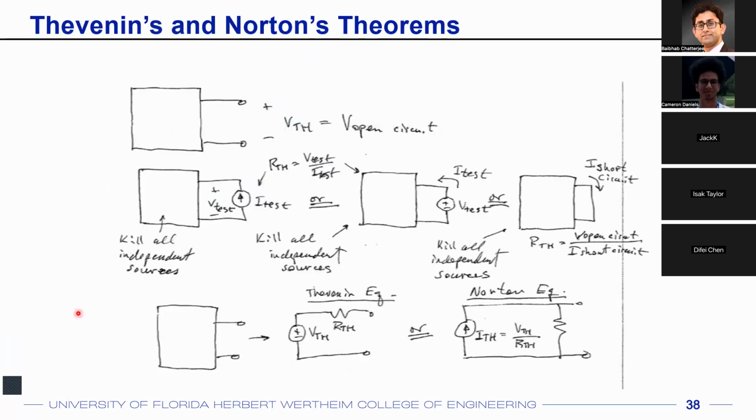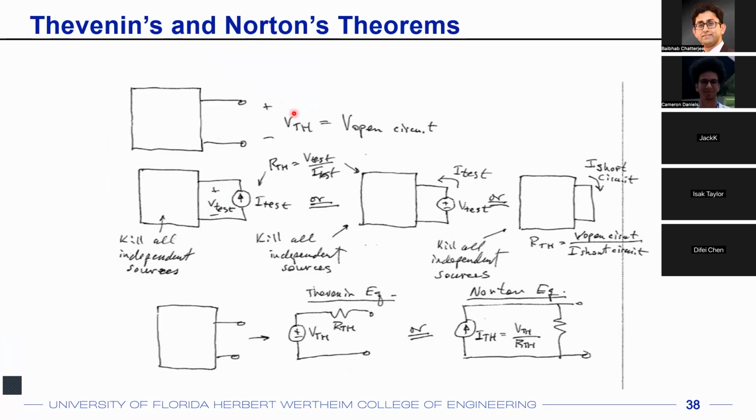So how do you model Thevenin and Norton's theorem? Again, just a brief recapitulation. You have your black box over here. You want to find out the open circuit voltage across this black box on the output side, and that will be called your Thevenin voltage. You also want to find out your Thevenin equivalent resistance.